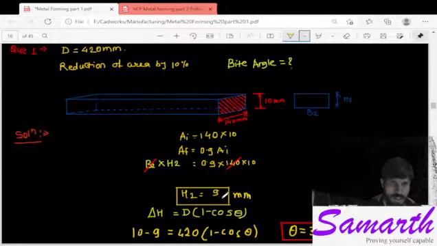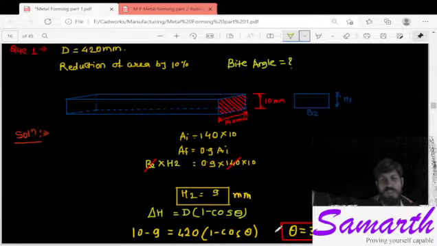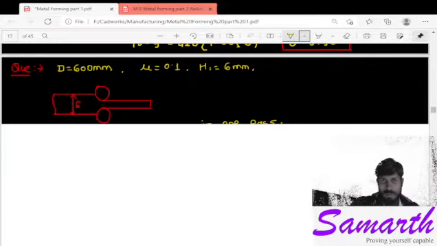Here we get H2 as 9 millimeter. So H1 minus H2, delta H, is 10 minus 9, it will be 1. So delta H we will equate with D into 1 minus cos theta. From here we get the angle theta equal to 3.95 degrees.